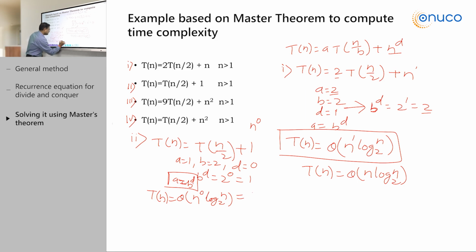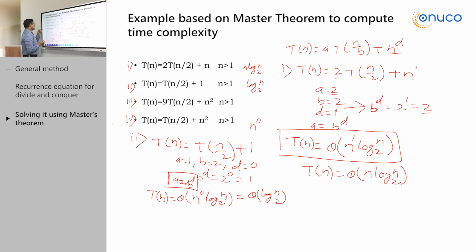Can we simplify this? Yes. N power 0 becomes 1, hence we are getting log n base 2. So this is again the time complexity by the Master theorem.